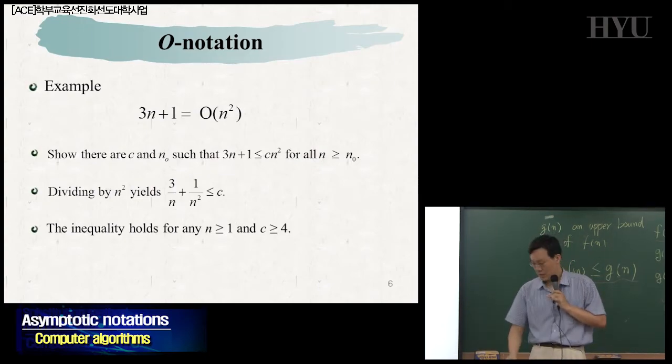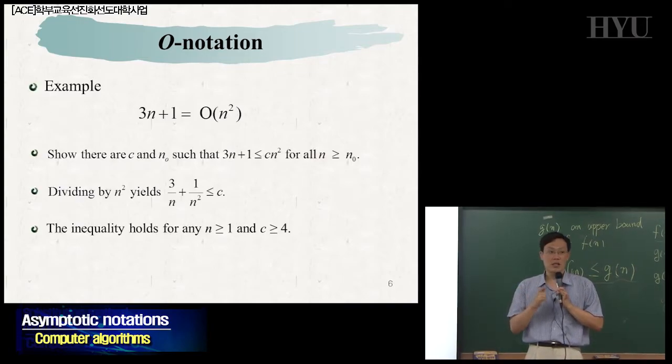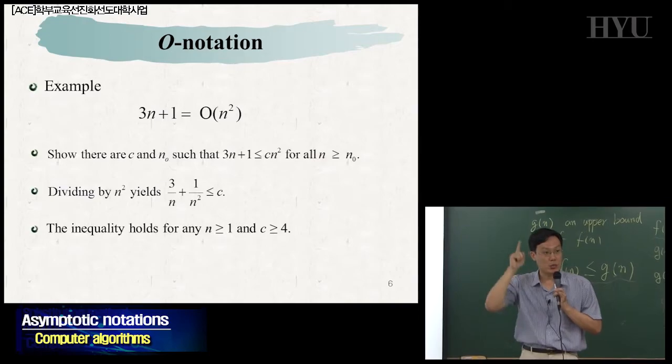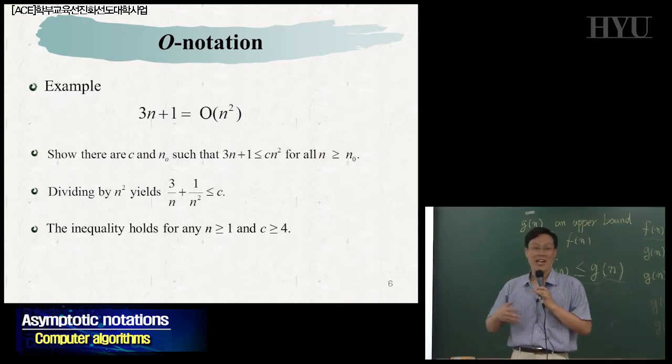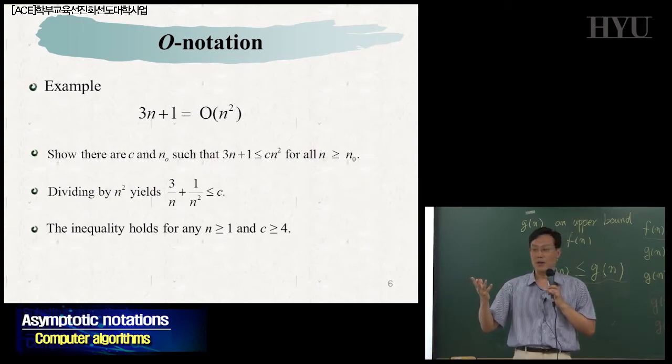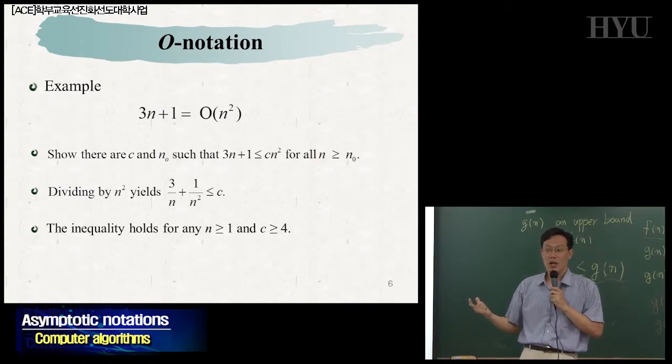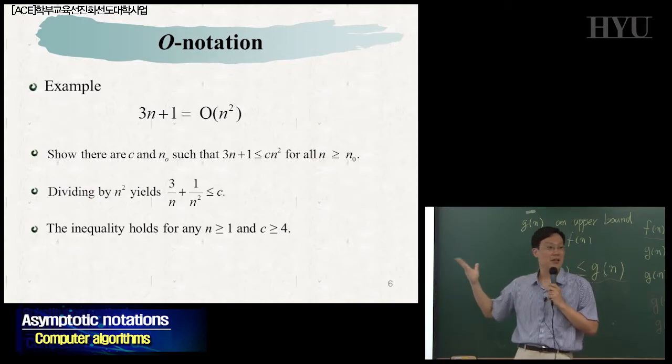One possibility is n0 is 1 and c is 4, or any value larger than 4 is fine. So since we can find a pair, it's done. We proved it.